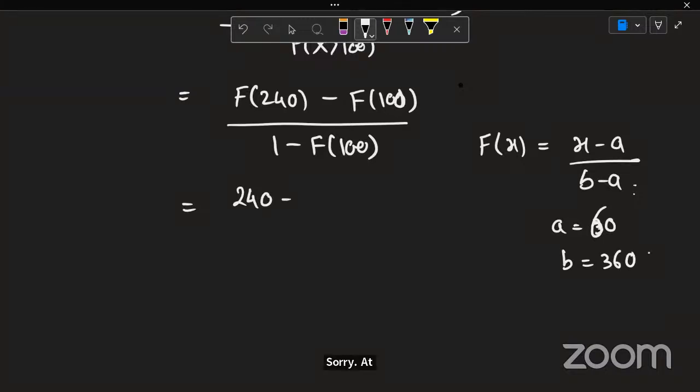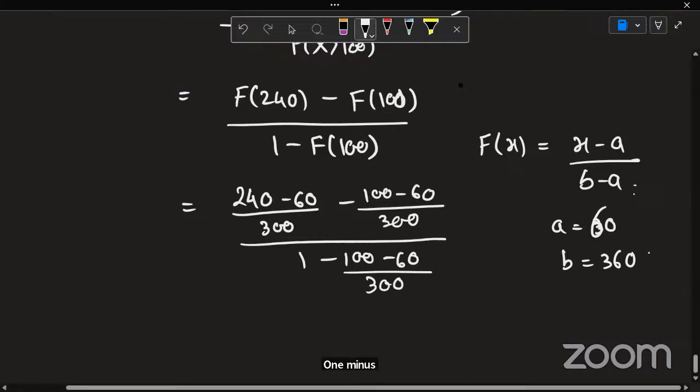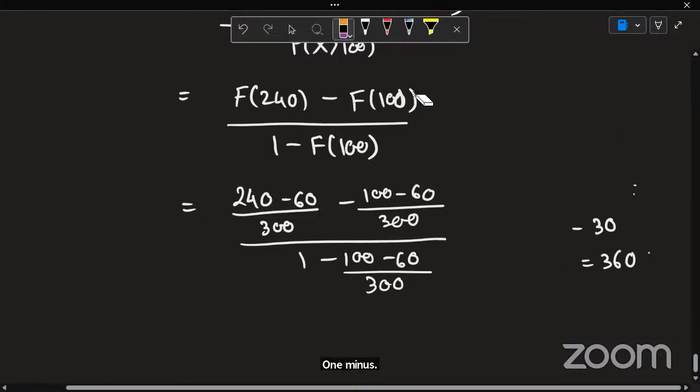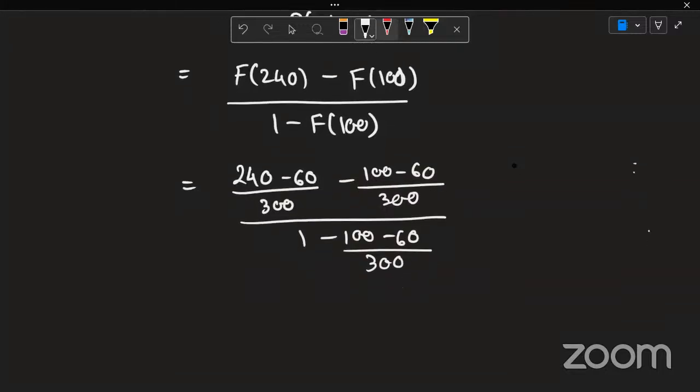So this will be 240 minus 60, and 360 minus 60 is nothing but 300. Then 1 minus 100... Once you solve this, you will get some 7 by 13.